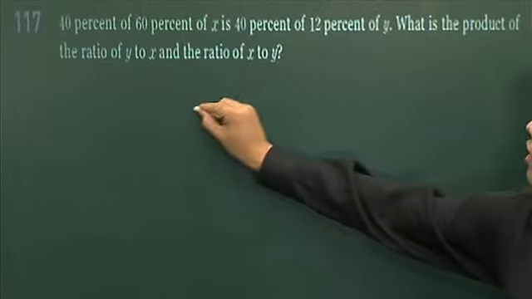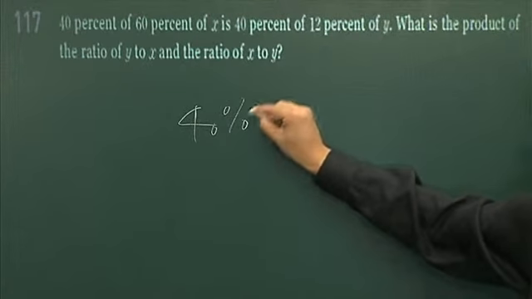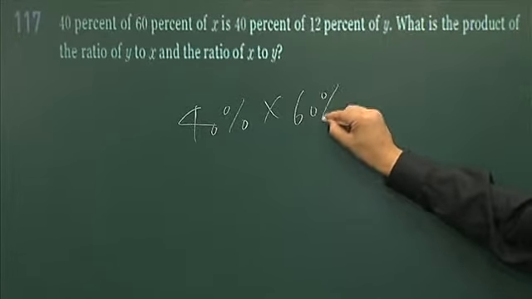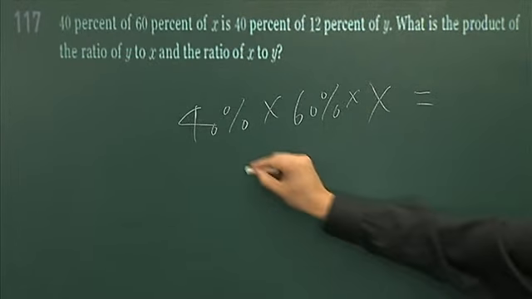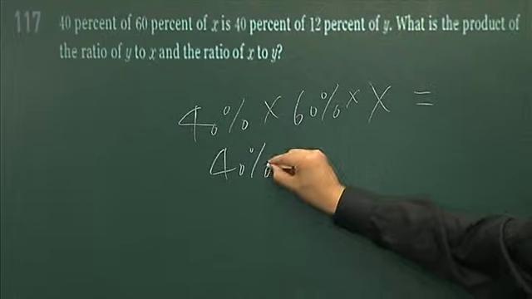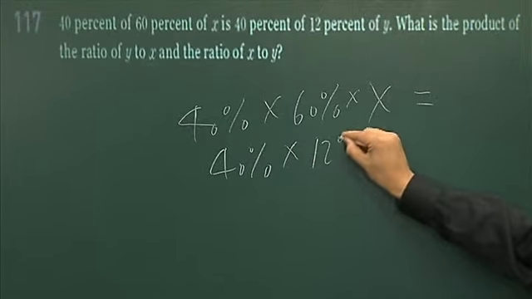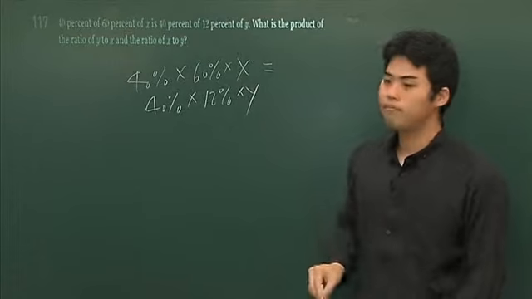Well, okay, let's do this. Let's do our percentages. 40% of 60% of x is equal to 40% of 12% of y.